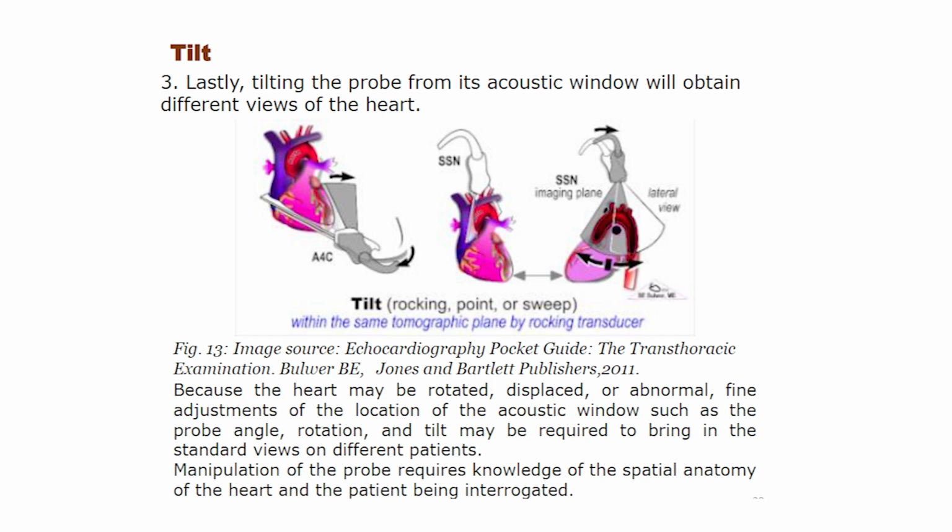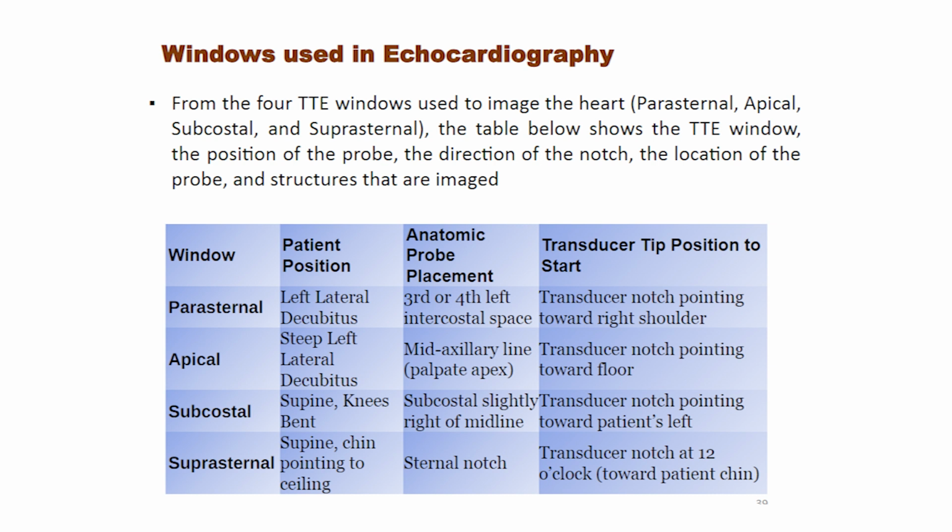In the last part, coming to windows used in echocardiography. Four TTE windows are used to image the heart: parasternal, apical, subcostal and suprasternal. The table below shows the TTE window, the position of the probe, the direction of the notch, the location of the probe and the structures that are imaged.